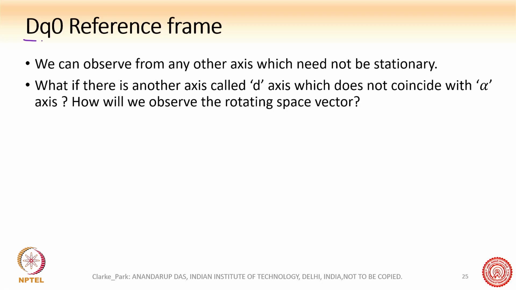Now we are going to introduce something called the DQ0 reference frame. Suppose we introduce another axis which is called the D axis. This D axis does not coincide with the alpha axis, and now we will start observing the rotating space vector.